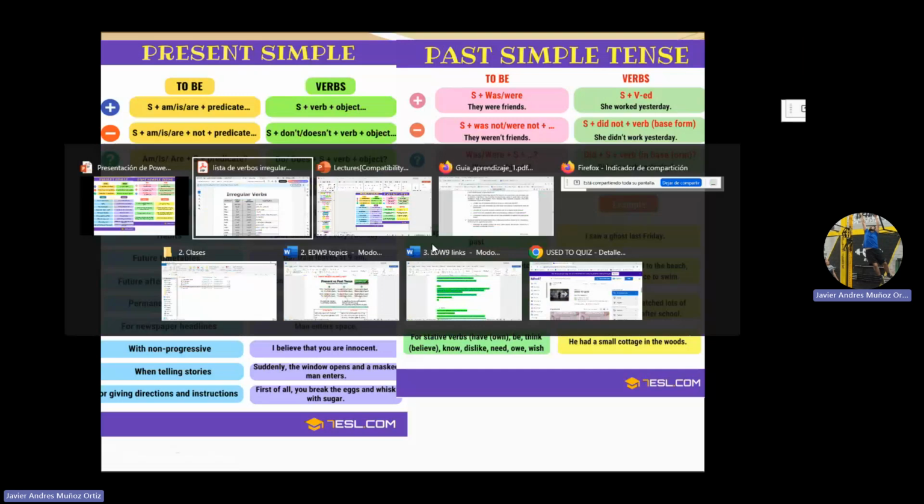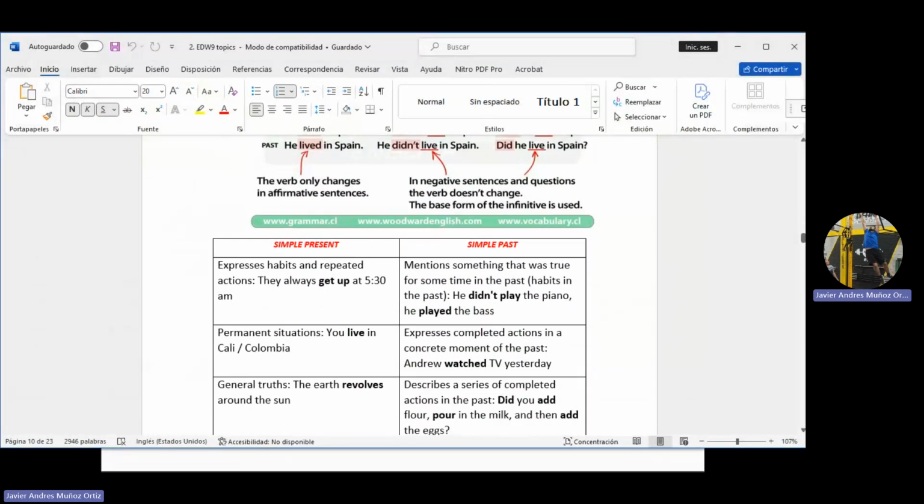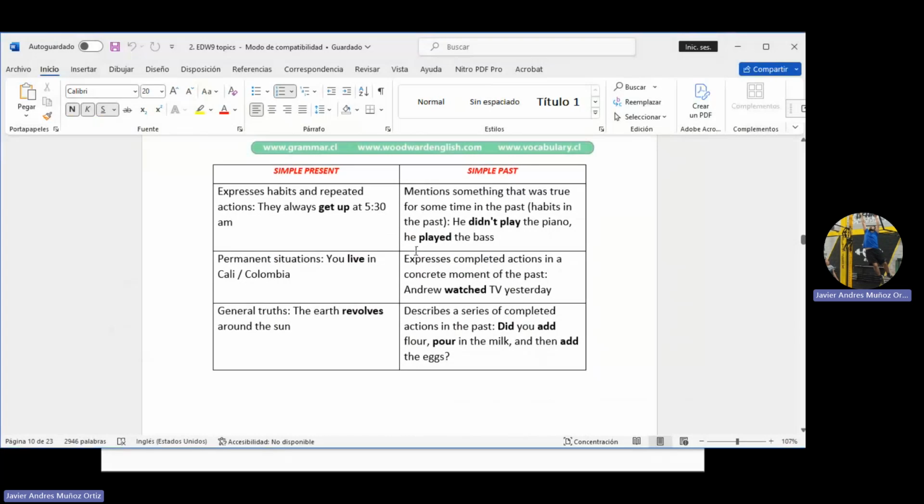However, we didn't stop there. We also said that the difference between simple present tense and simple past tense is also related to the application. I mean, what are the reasons why we use one or the other tense? And we said that simple present tense expresses habits and repeated actions.